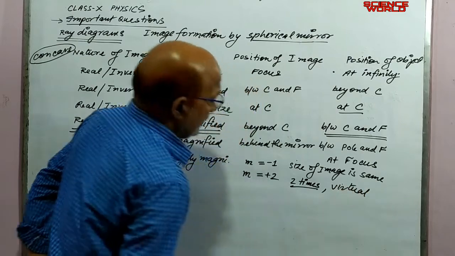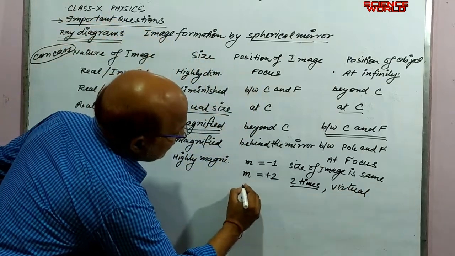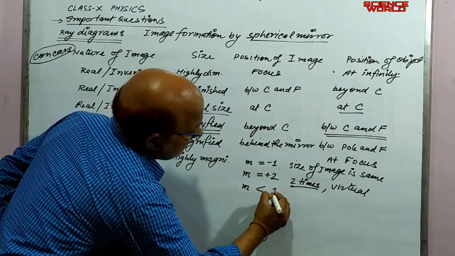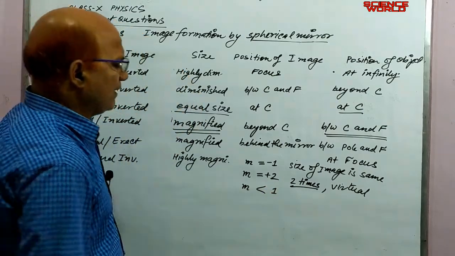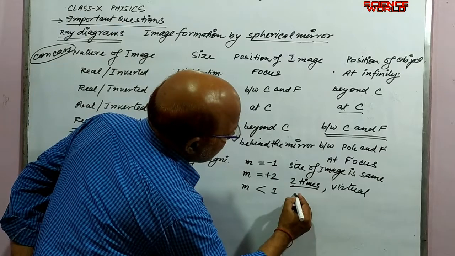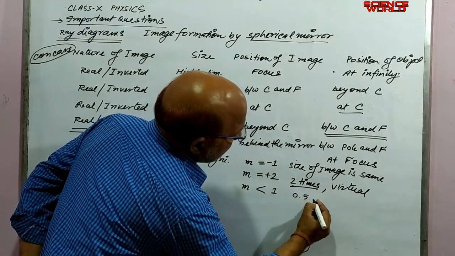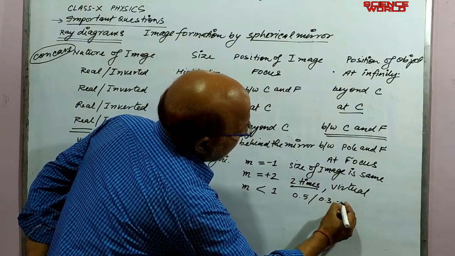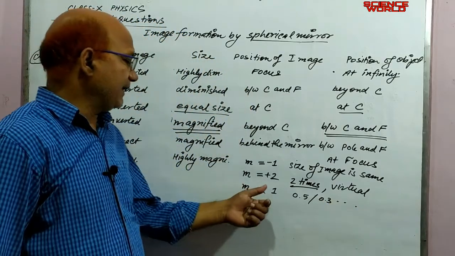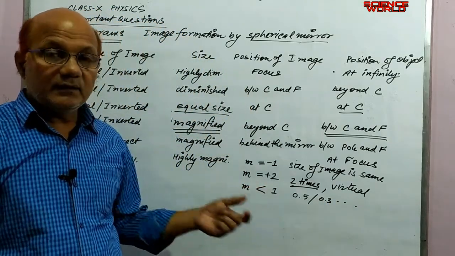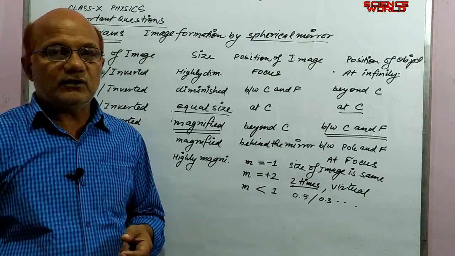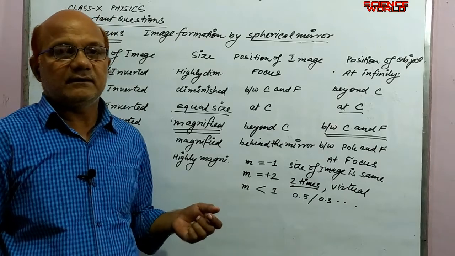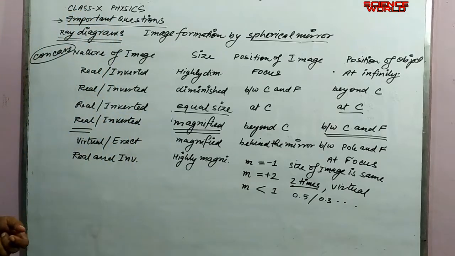Okay. And one more thing, if magnification is less than 1, it may be 0.5, it may be 0.3 and so on. So, if magnification is less than 1, it means the size of image is smaller than size of object. Now, take a screenshot of it.